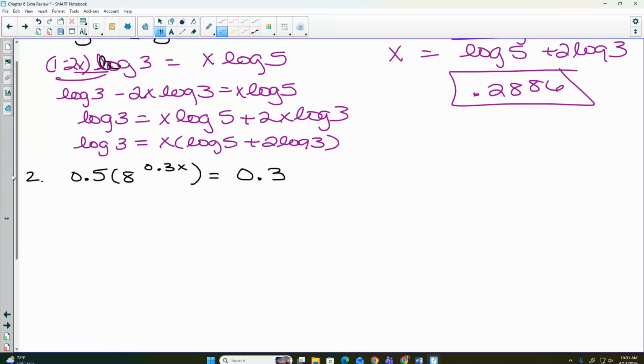Number 2. Can I take this 0.5 times 8? Order of operations says I have to do exponents before I multiply. So what do I do with it instead? Divide it. So 0.3 divided by 0.5, you can leave it like that, you can write it as 3/5, you can write it as 0.6, it doesn't matter. Now what do we have to do?